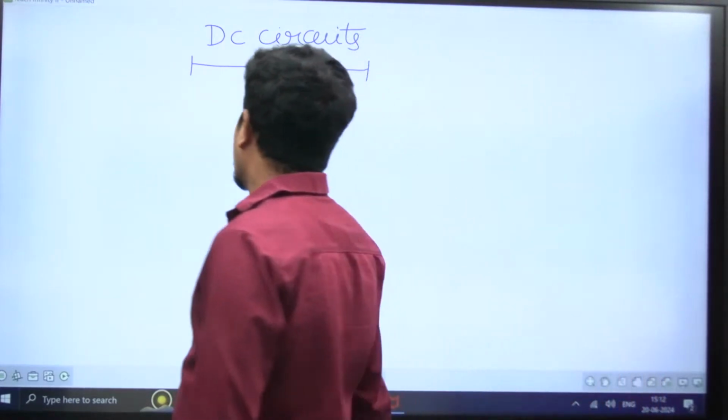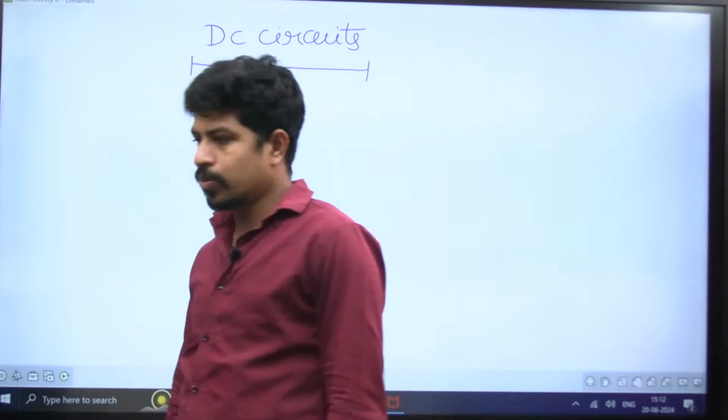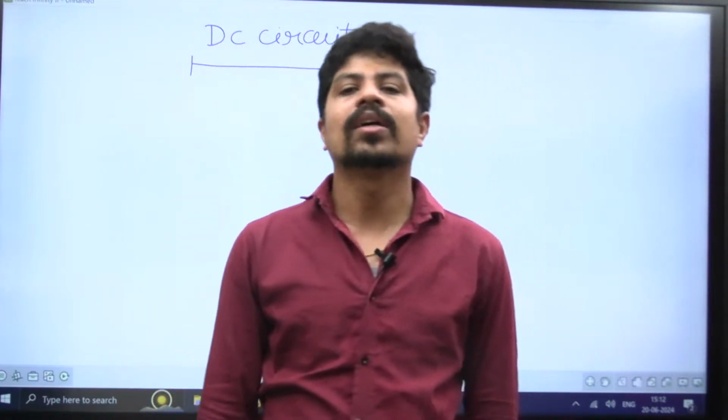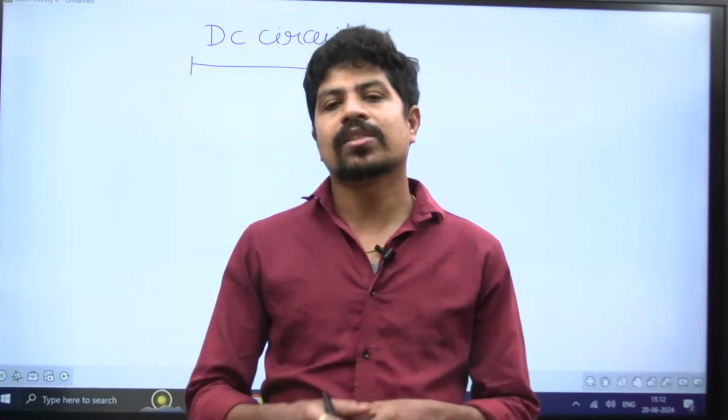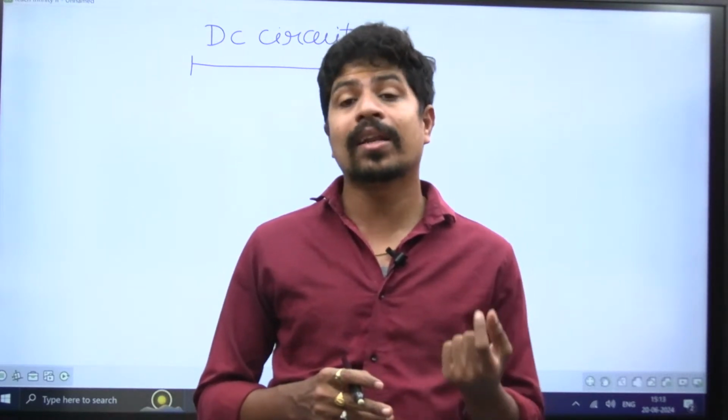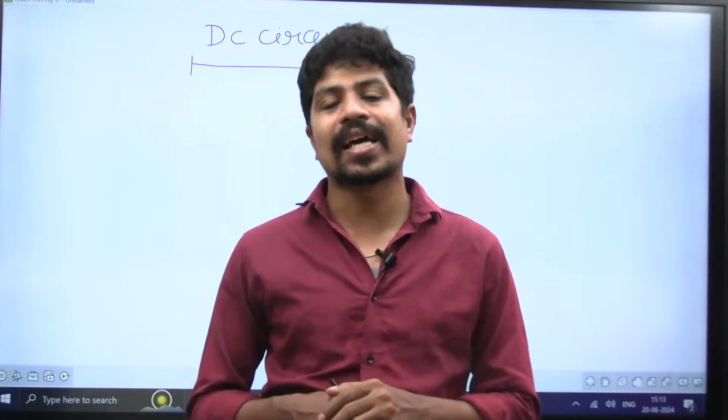All of you observe DC circuits. DC means direct current, direct cycle, in fact, not current. DC stands for direct cycle. Our power supply is of two types. One is AC, alternating cycle. Another one is DC, direct cycle.